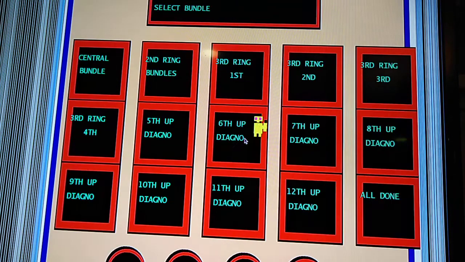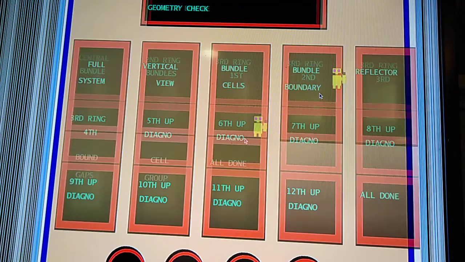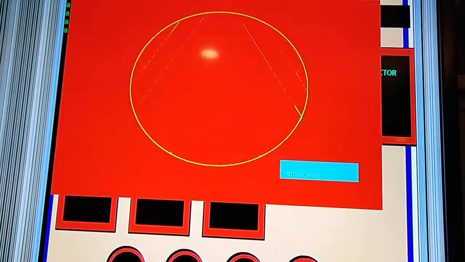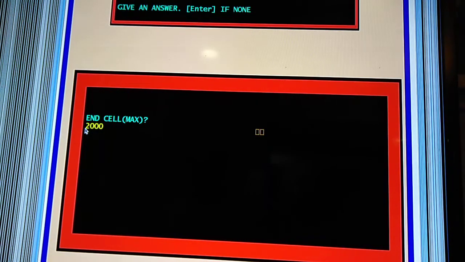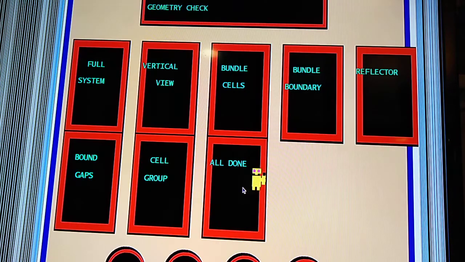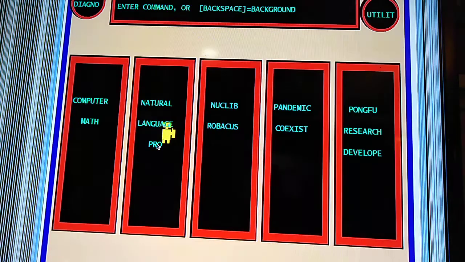Okay, the bundle cells we need to look at, because it's painstaking to draw them. Okay, once we draw it, we got to check them all out to see if there are any glitches. Okay, that's what ROBACUS can do, anything from pandemic to space wars. Okay.